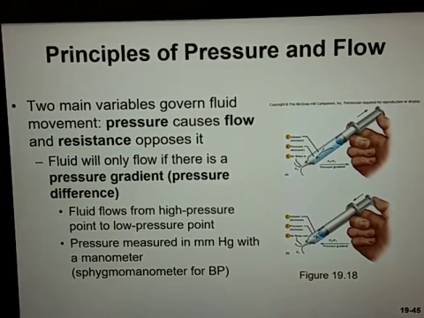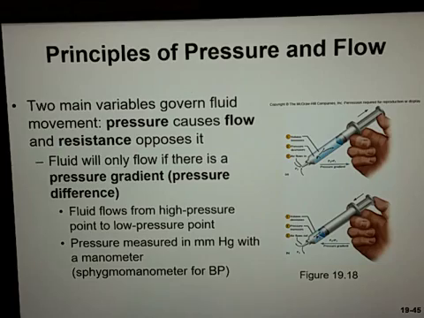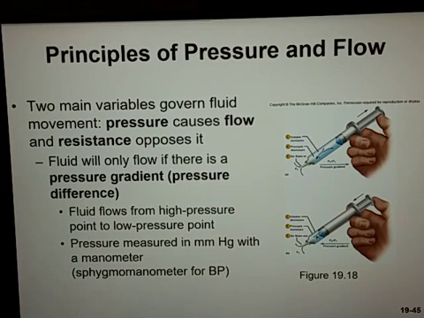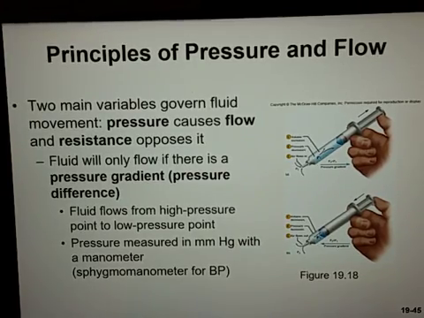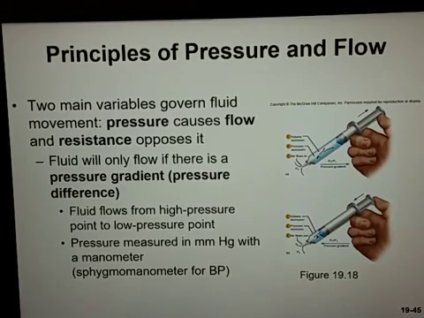The way that we can measure this is with a sphygmomanometer. This is what we use to measure blood pressure. Measuring blood pressure helps us know a little bit about the pressure being created in the vessels, and then what that pressure is doing to the heart.